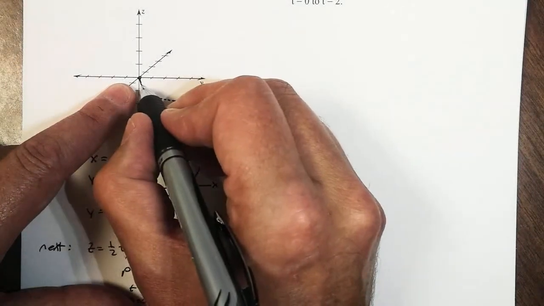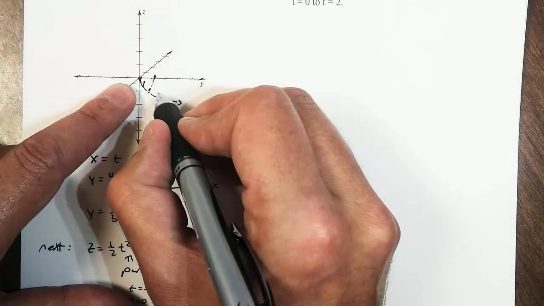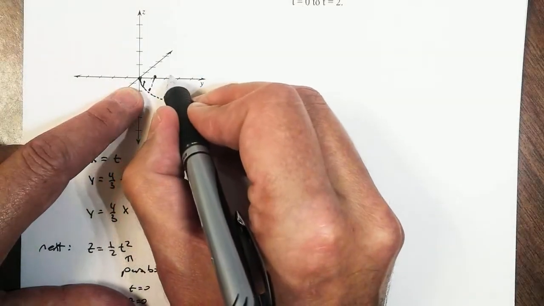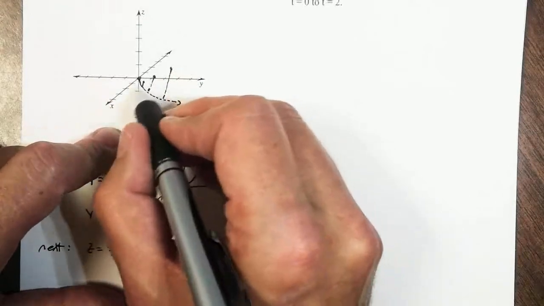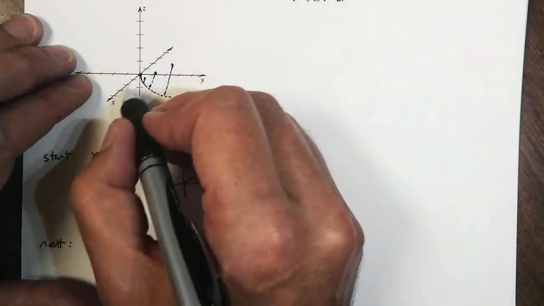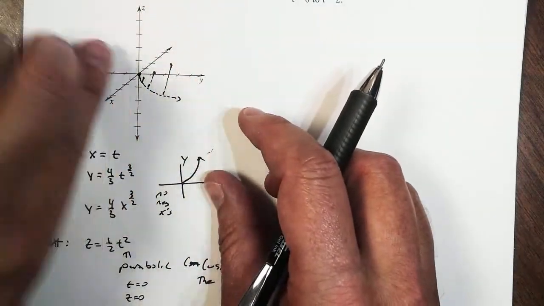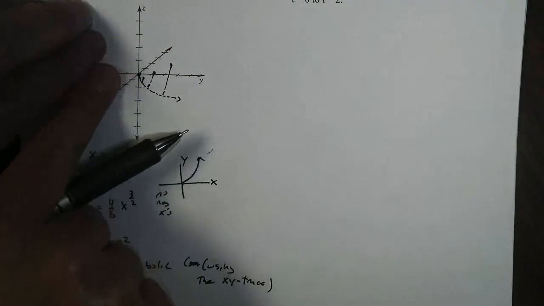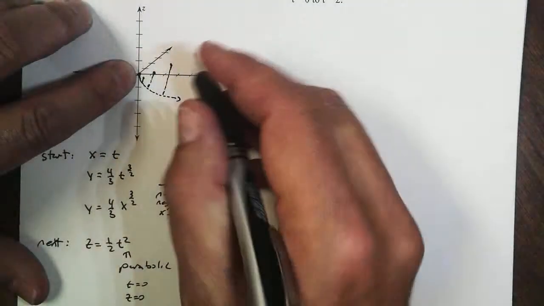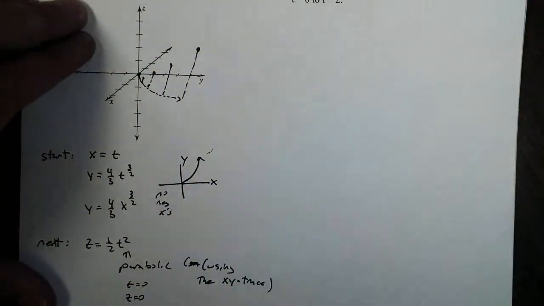So I'm going to pick points, doesn't have to be too many. If I draw a parabola on the xz plane, I can draw a parabola. But what if the xz plane were curved? It's like I'm taking my x-axis and curving it, and I'm drawing a parabola going up. And I can trace this.